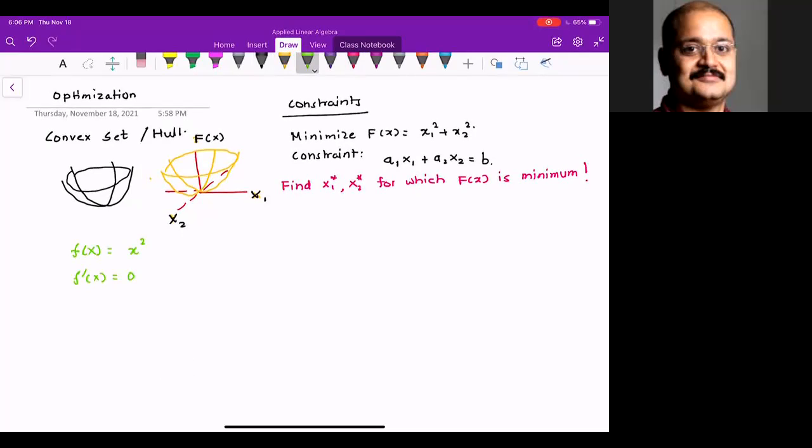That tells you whether it's maxima or minima. But this problem is slightly different. We want to find the values of x1 star and x2 star for which f of x is minimum, but you can't just take the derivative and equate it to 0. Why? Because we are imposing an additional constraint that there is a specific relationship between x1 and x2. So in this case, a1, a2, and b are constants.